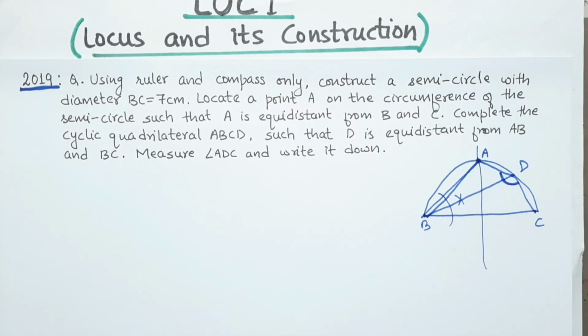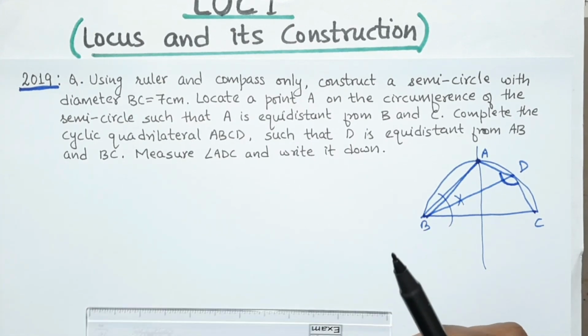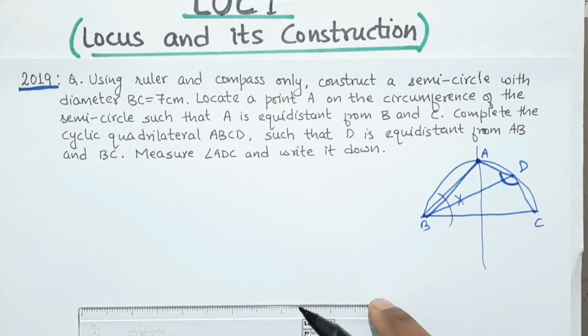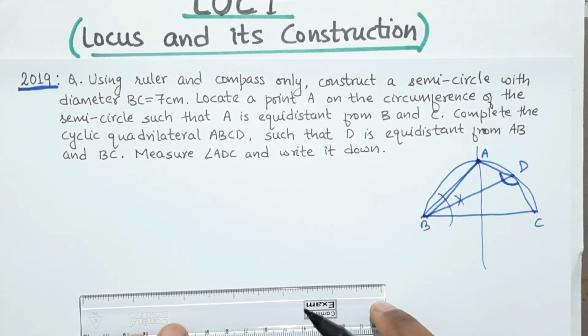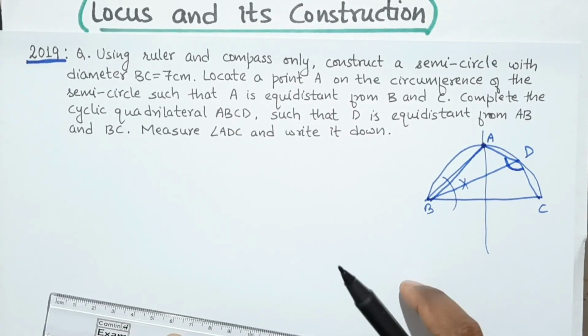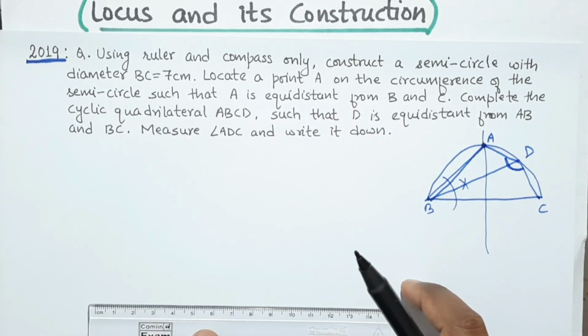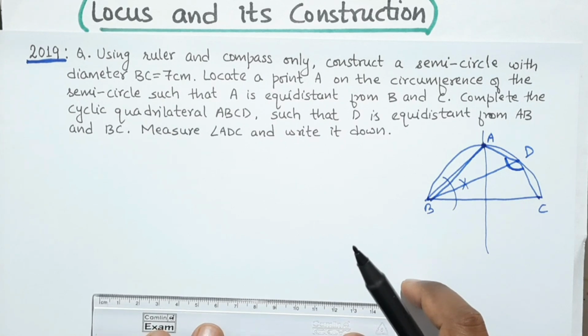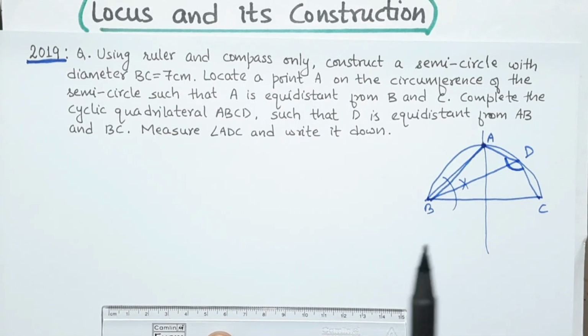First we are going to draw a semicircle on BC. To draw the semicircle, we take BC as a 7 centimeter diameter. So this is BC, 7 centimeter.